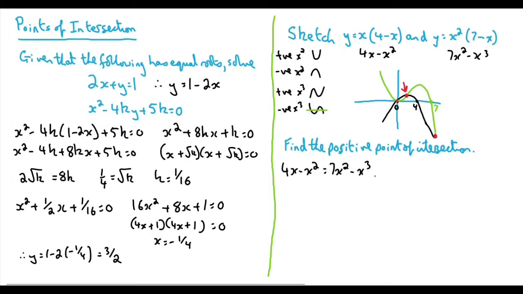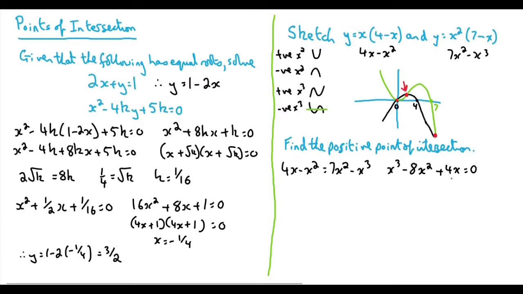If we now bring the right hand side onto the left to make the biggest power positive, you'd have x cubed, then minus 8x squared, because this can become minus 7 to what's already a minus 1, and then plus 4x equals 0. Now, in order for us to go about solving this, well, we could, in theory, solve a cubic. What we can actually do is, first of all, factorize out a common factor of just x, leaving us then with x squared minus 8x plus 4 equals 0.